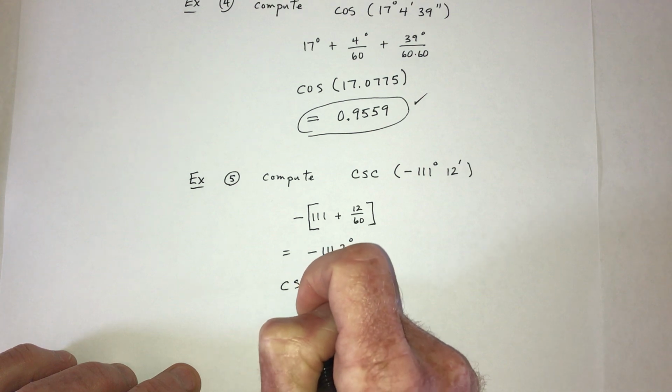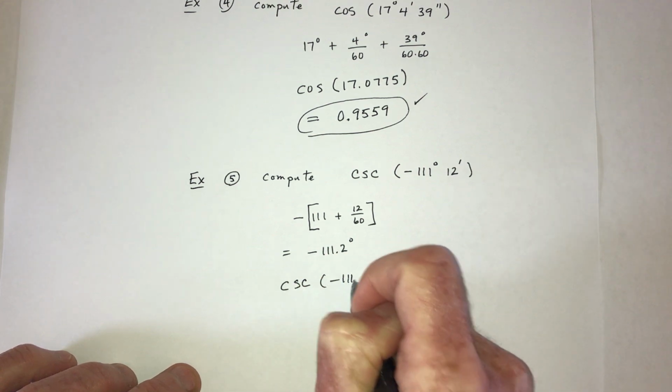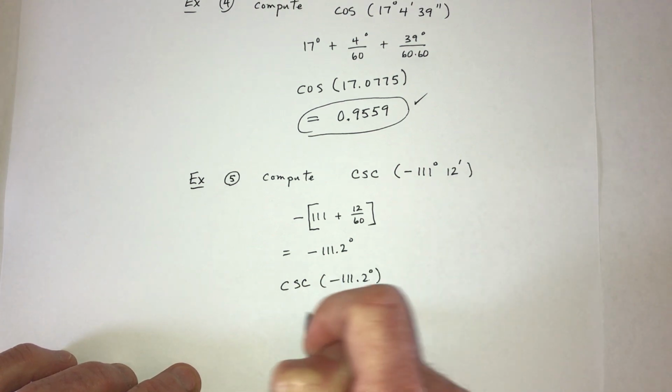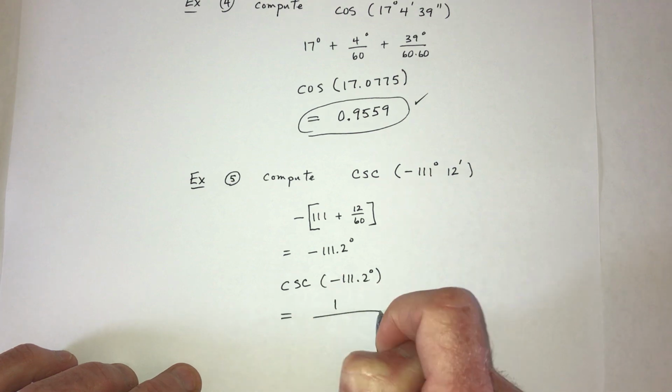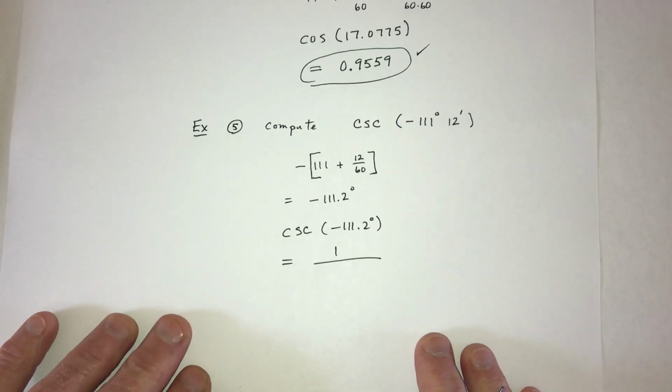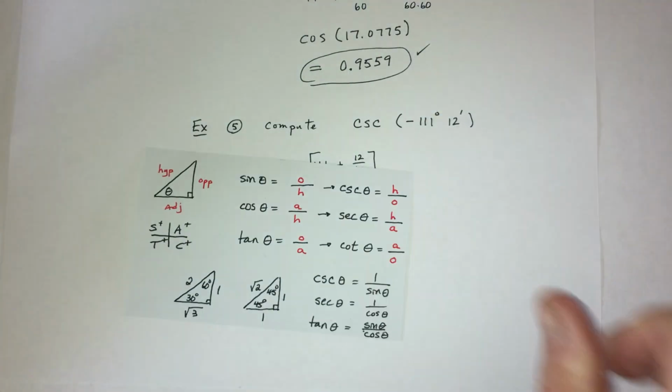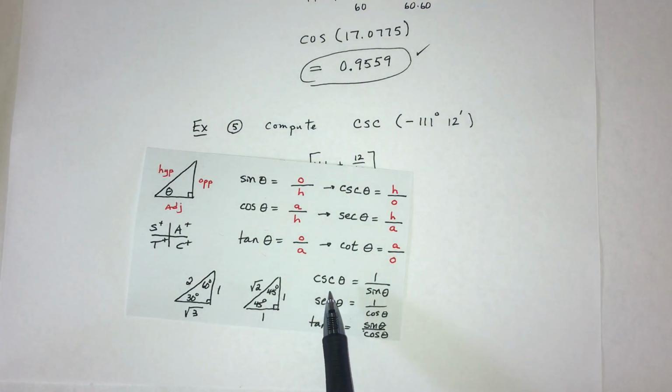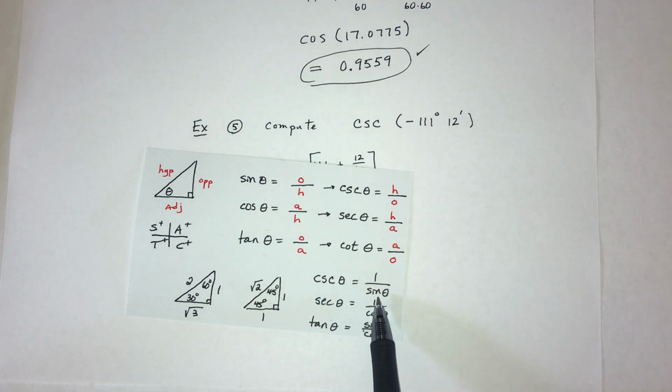Now for cosecant of negative 111.2. So since my calculator doesn't have cosecant, I need to use the trig identity. You guessed it, the 3x5 card, that cosecant is equal to 1 over sine.